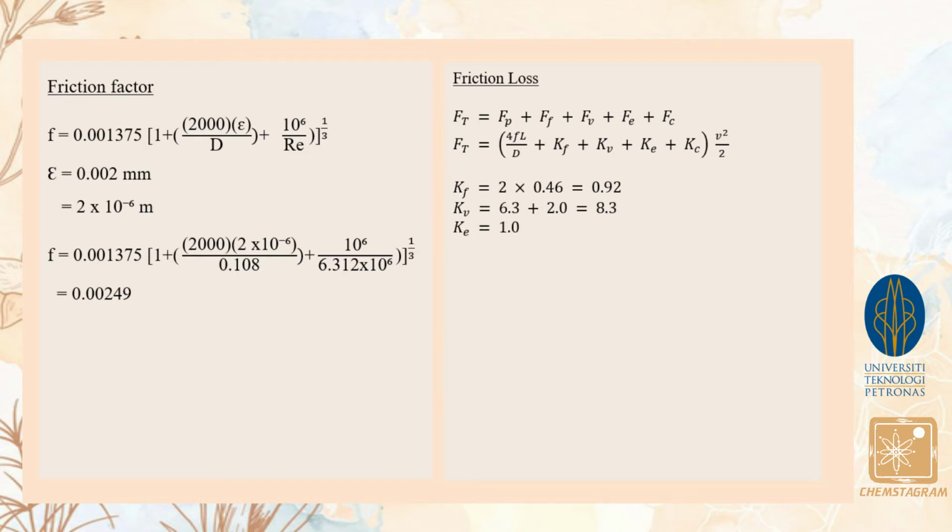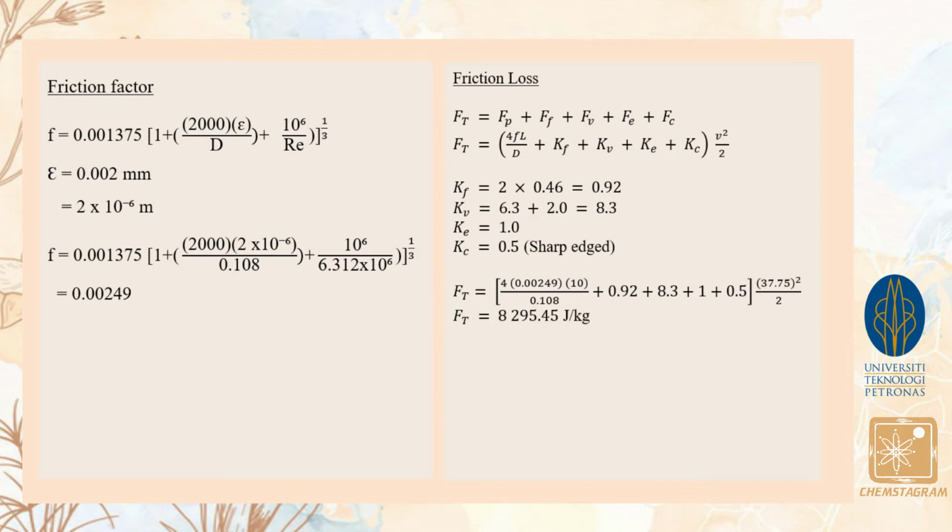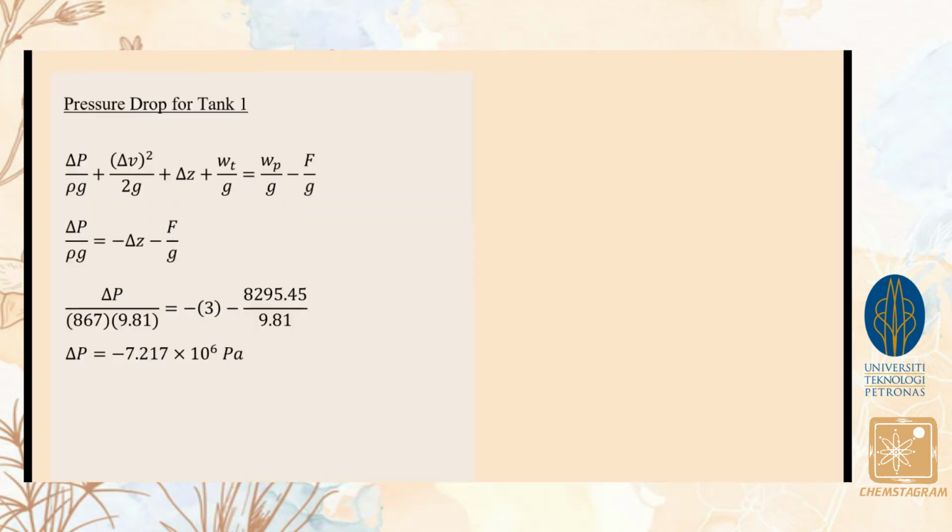The coefficient for expansion will always be 1, and the contraction will be 0.5 as we assume the contraction in the pipe is in a sharp edge form. Then we plug in the values in our formula and we got the total friction loss equal to 8,295.45 joule per kilo.